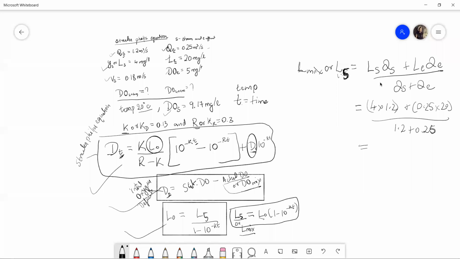So what is the answer? Yes, BOD mix. Tell me the answer first. L5 or Y5, whatever you want to take. If you're taking it as L, you're considering it as L5 or L mix. L mix means BOD mix.